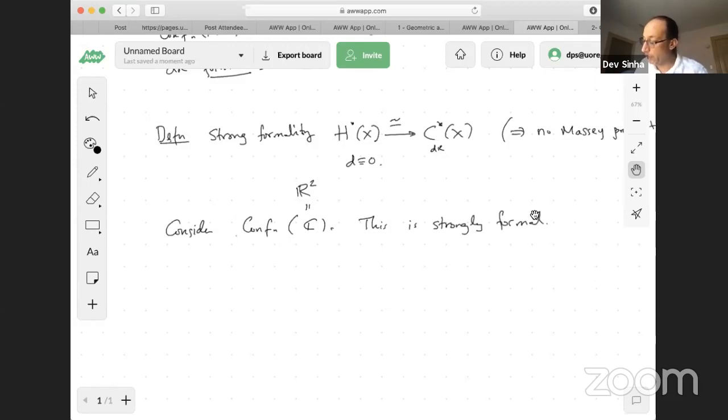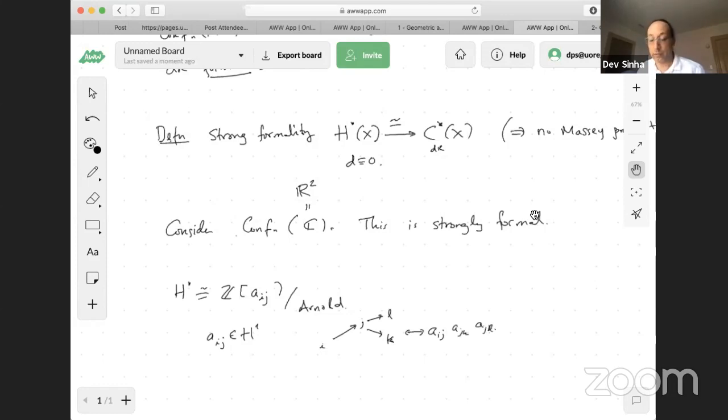That's because if I've got the cohomology, remember it's Z adjoin, you typically say Aij, where Aij is in H^1, modulo this Arnold identity. Again, folks who are watching YouTube can go back to where we talk about the cohomology of configuration spaces. It's also with graphs, ij, and when you take a product, this is the same as Aij, Ajk, Ajl. So that's another way to discuss the cohomology.